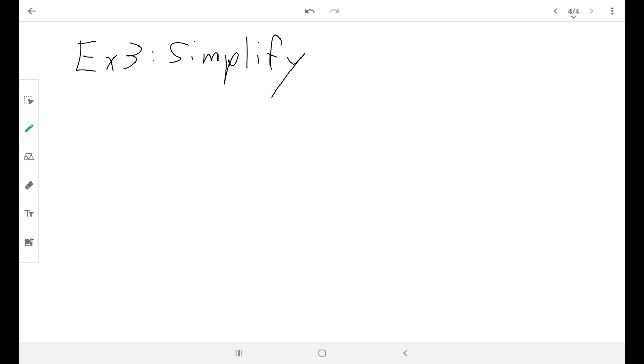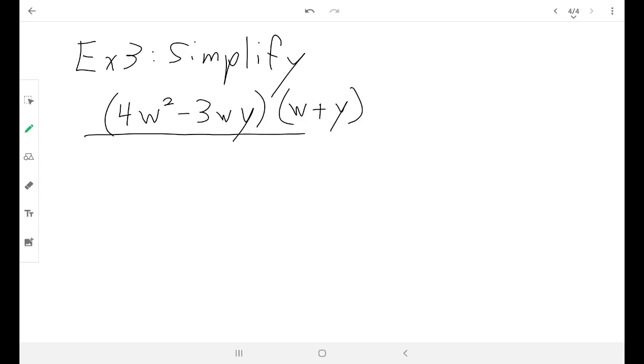So we want to simplify the following problem. 4w squared minus 3wy, all that in parentheses, times the quantity w plus y, all of that over 3y minus 4w times 5w plus y.